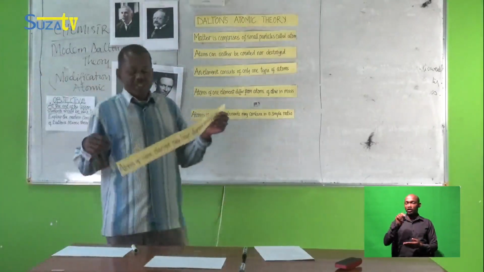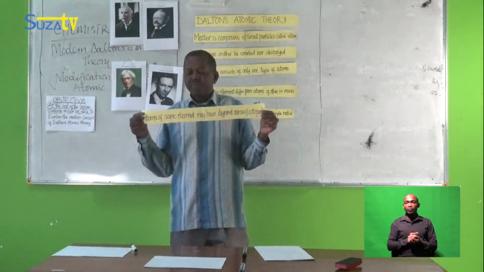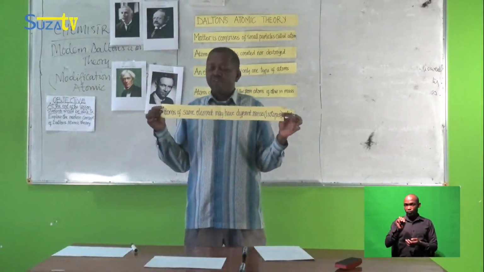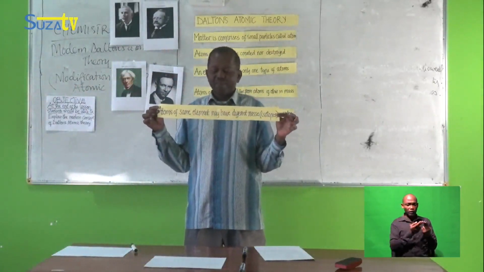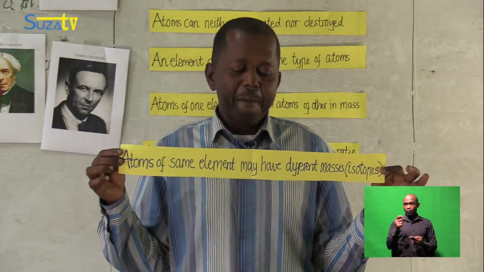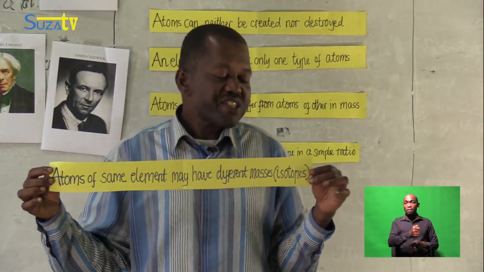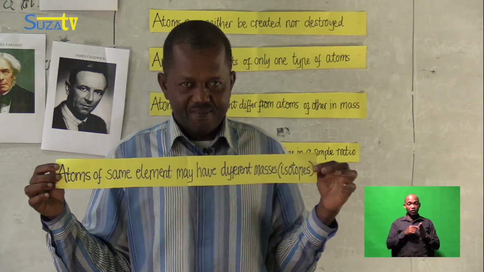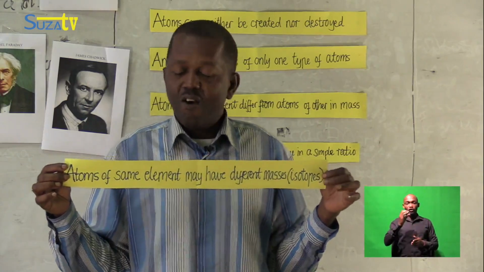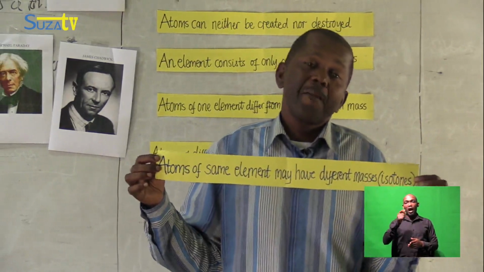This modification says atoms of the same element may have different mass, and this is shown by isotopes. Atoms of the same element may have different masses.